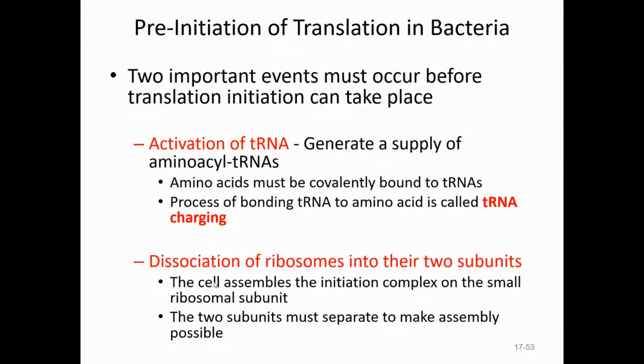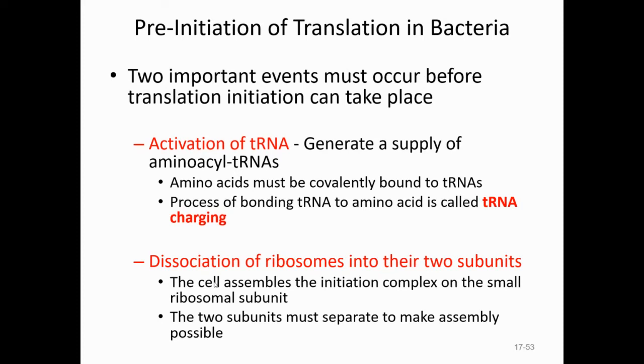And the second event, remember earlier we mentioned the ribosome. We have a small subunit and a large subunit. So the second event is those two, small and large subunit, need to be separated.